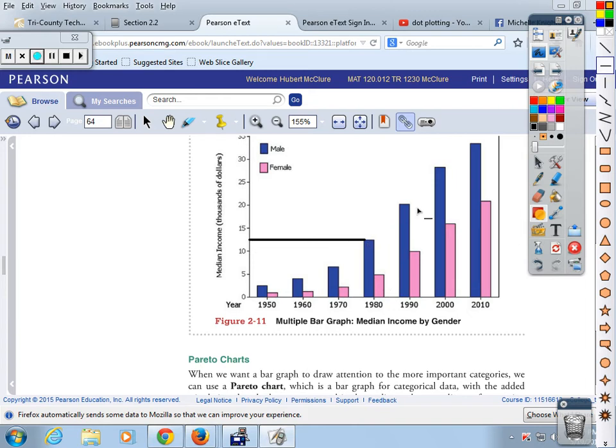Where this one right here is about what, 20? This one right here is about 34 maybe. I'm sorry, about 28. And then this one right here is about 38. I'm sorry, 34. Thank you. So you need to be able to read a bar chart or a histogram. Okay?